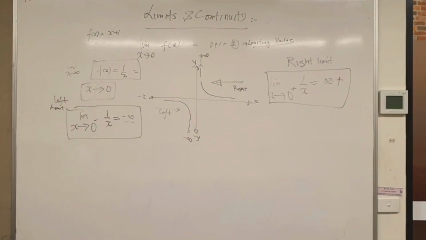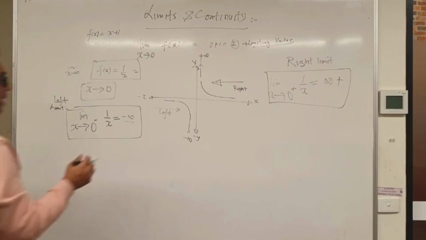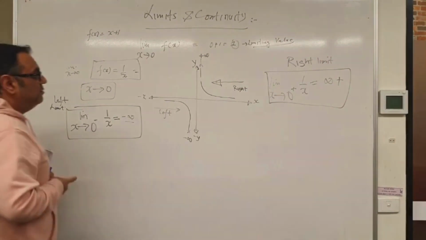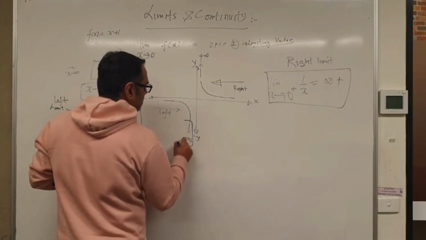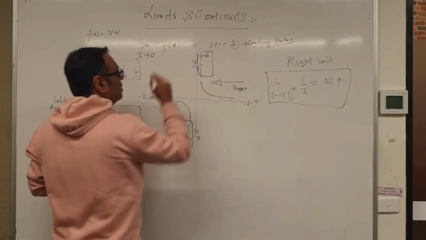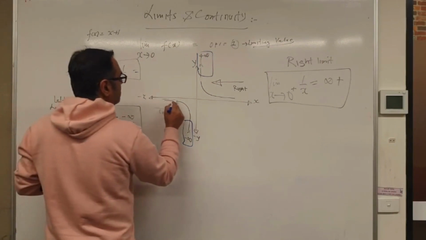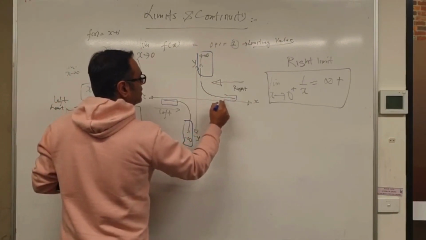Make sense? The left limit and the right limit. If I take a different color, I'm talking about this arm of the graph. I can also talk about this side, this arm of the graph as well.